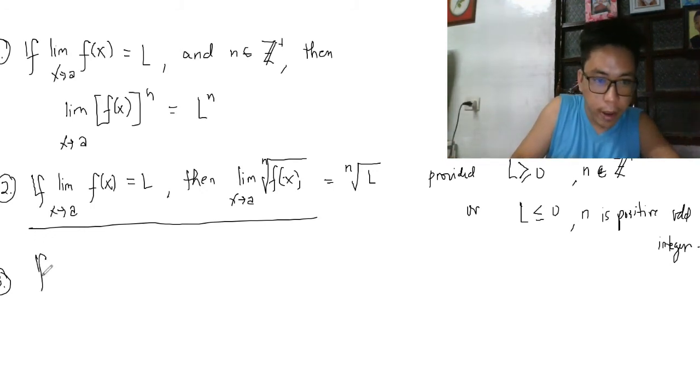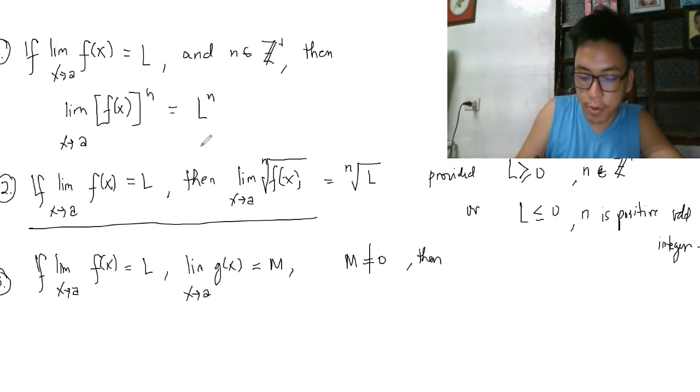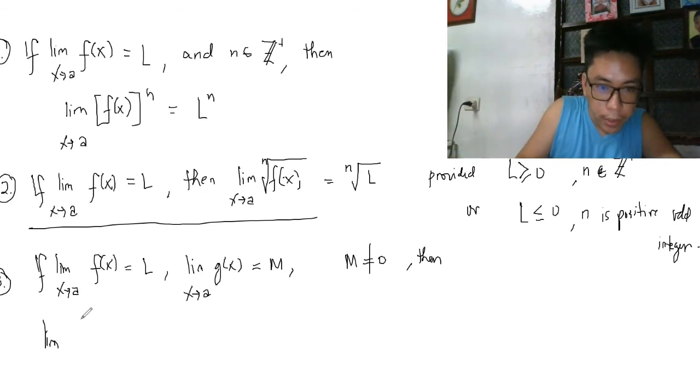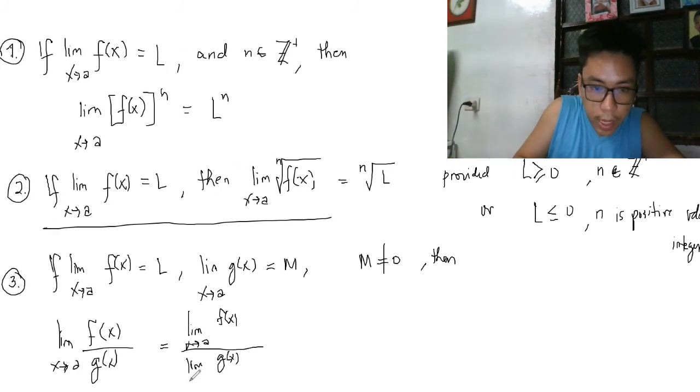So if the limit of f of x as x approaches a is L, and the limit of g of x as x approaches a is m, provided m is not 0, then the limit of f of x over g of x as x approaches a is the same as the limit of f of x as x approaches a over the limit of g of x as x approaches a, which is L over m.